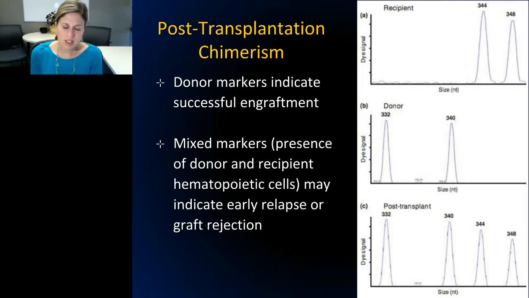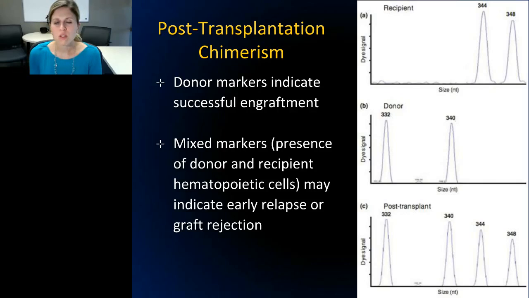What can be done is a polymerase chain reaction followed by capillary gel electrophoresis to look for these various peaks. On the top, you can see that we have a recipient that has 2 different peaks than does the donor. So after we can see that the donor then has these 2 alleles being informative alleles, we know that we're going to be looking for those in the recipient after transplantation.